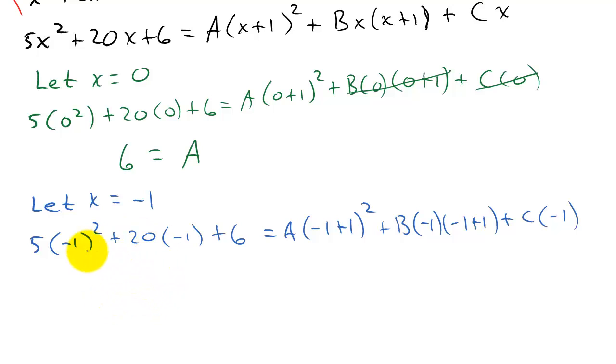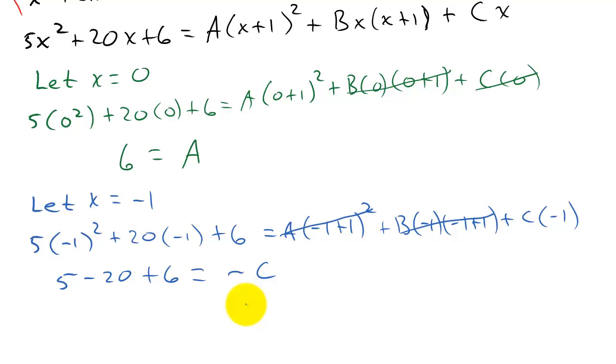And so over here, when I calculate all of this out, I'm going to end up with 5 minus 20 plus 6 equals, okay, and so let's see, this is going to be 0 squared, and A times 0 is 0, so that term will go out, and that's going to be 0 here, so 0 times all this will go out, and that's going to equal -C.